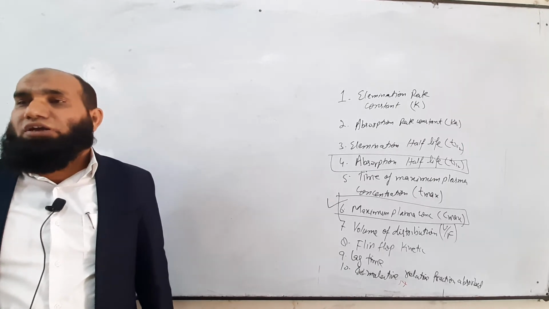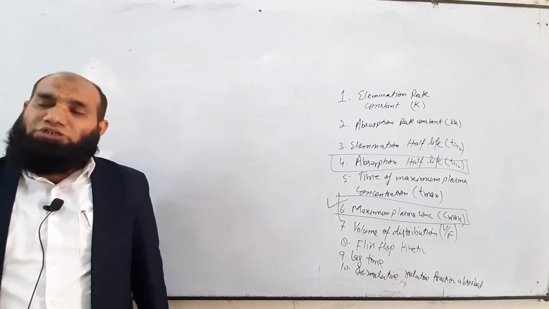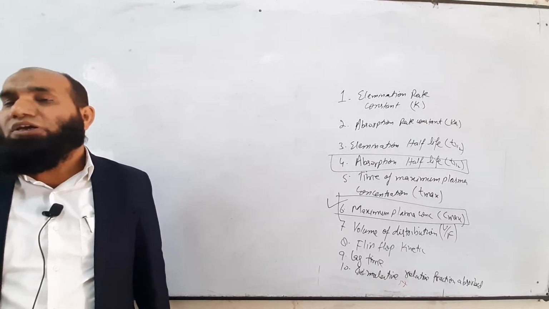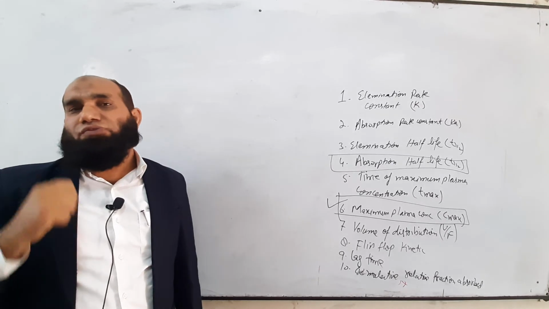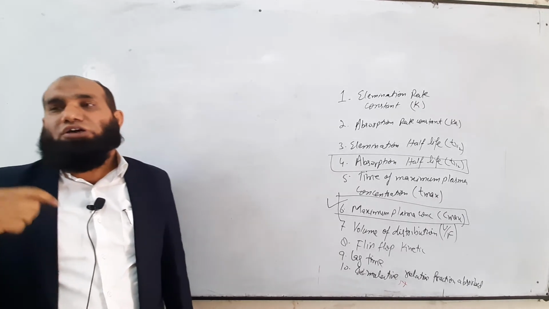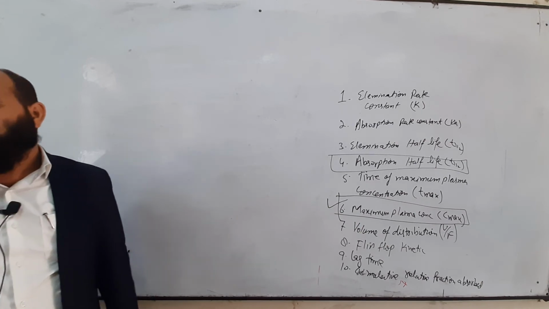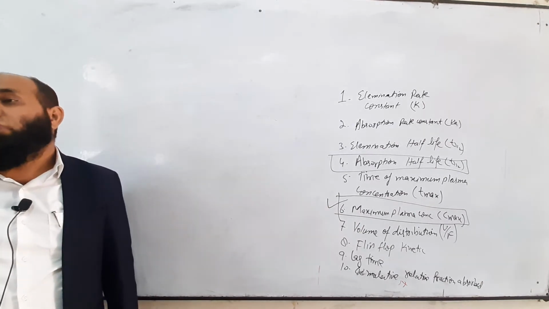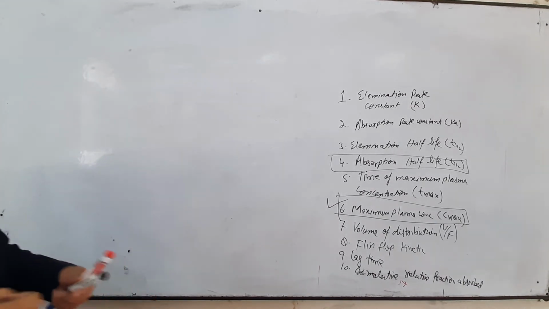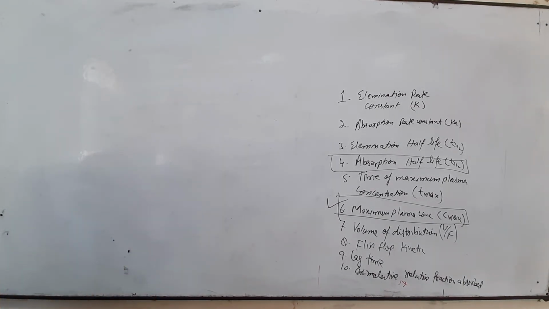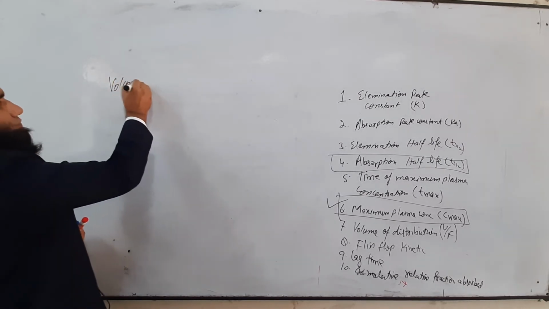We can calculate a ratio: volume of distribution with the fraction of drug. When you see the data in different books for oral tablet dosage form, there is no V or Vd; there is the ratio V over F, volume of distribution divided by the fraction of drug. So we have to calculate the volume of distribution over the fraction.